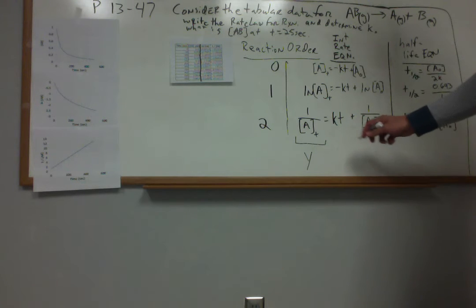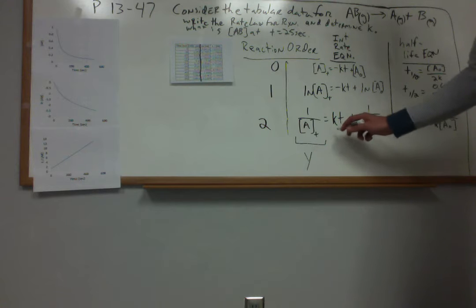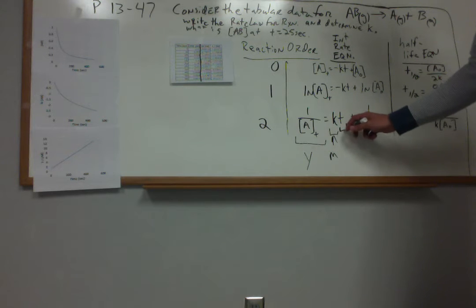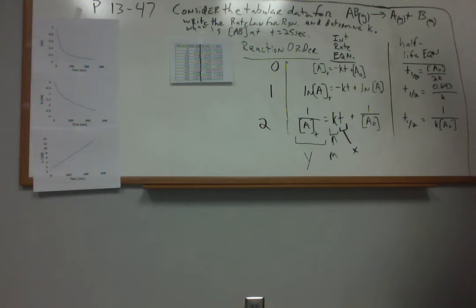In each case, our k is going to be our slope, and our t is going to be our x variable. Whatever comes along for the ride out here is going to be that b term, the intercept. Okay? So it's y equals mx plus b in every case.